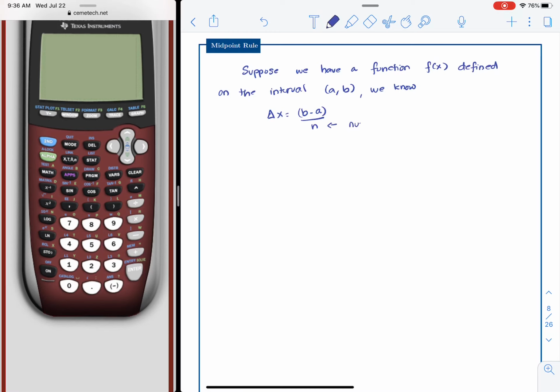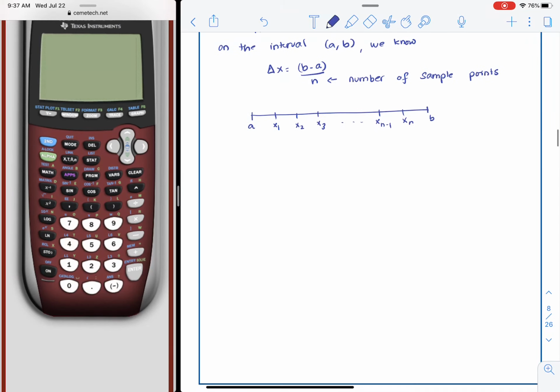That is simply the number of sample points. So if we have a and b, we simply divide it as x1, x2, x3, dots, xn minus 1, xn, and so forth. So what the midpoint rule states is that we pick midpoints.